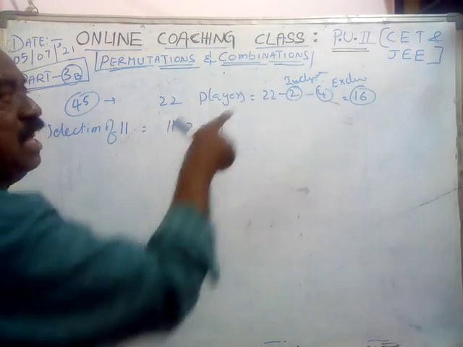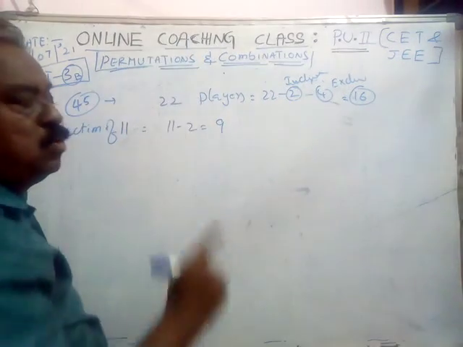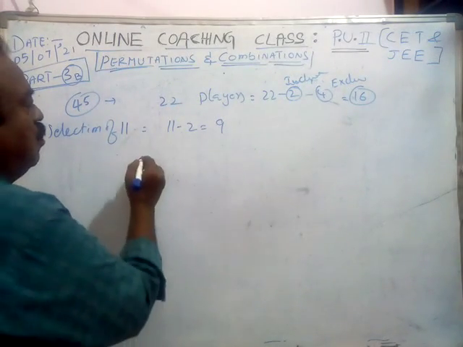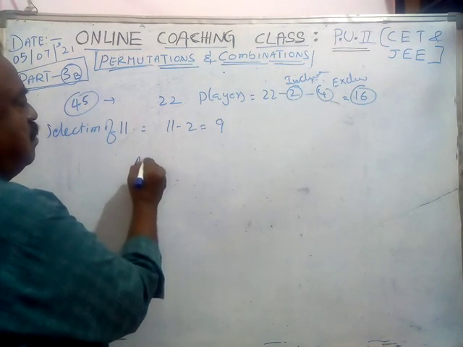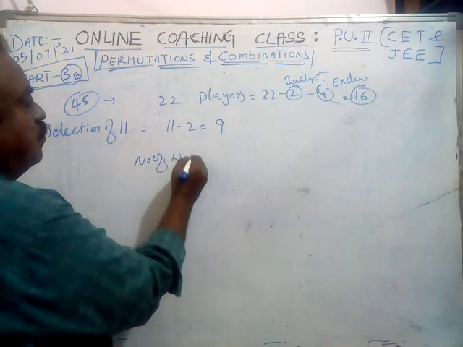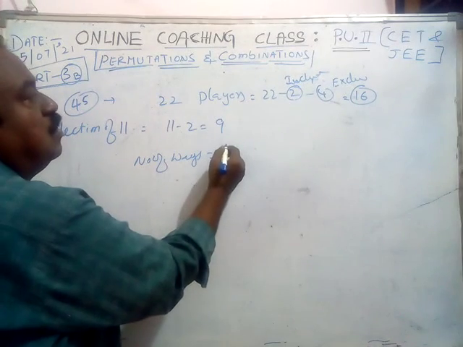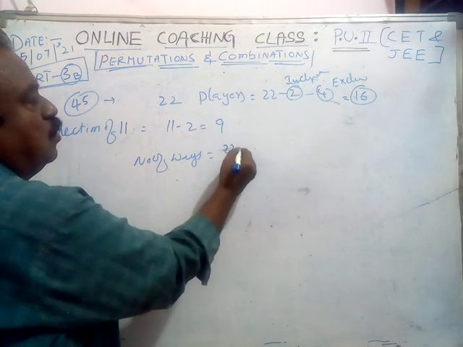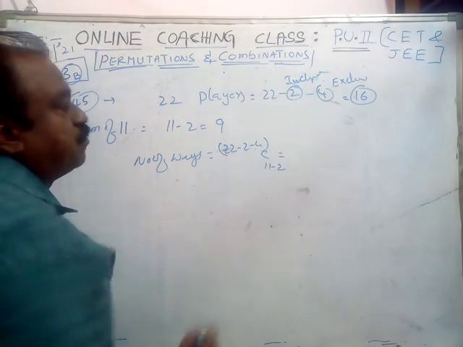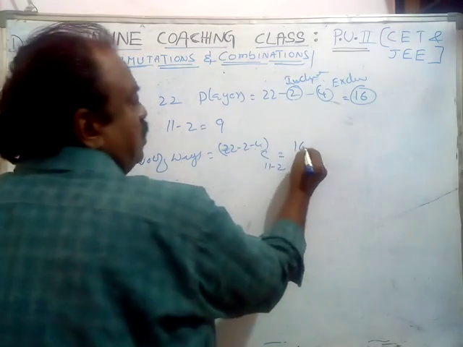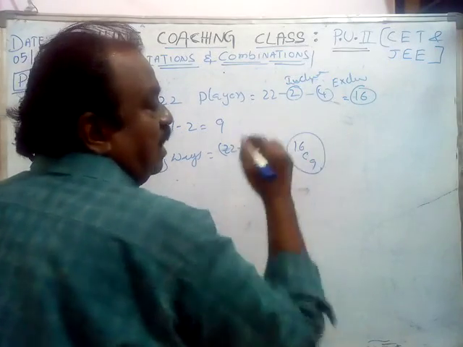There is no selection for them, and the 4 members went home. Now the number of ways of selection is 22 minus 2 minus 4, C 11 minus 2. That is 16C9. This is the answer.